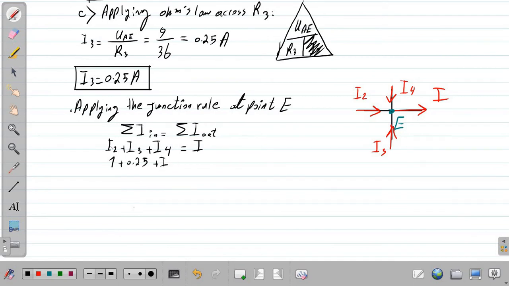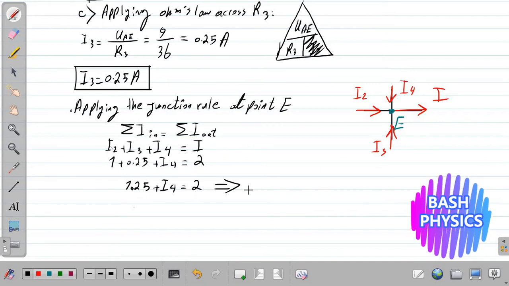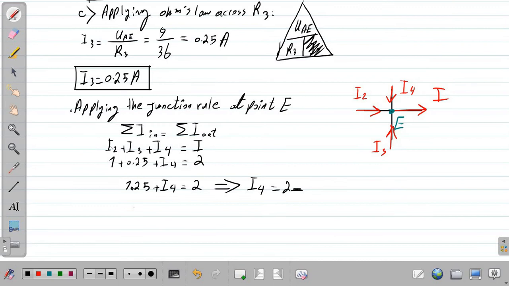I4 is unknown, we need to find it, and I was given in the question, which is 2 amperes. So 1.25 plus I4 is equal to 2, a linear equation. We move the 1.25 to the other side and it becomes negative, so I4 is equal to 2 minus 1.25, and finally we get that I4 is equal to 0.75 amp.